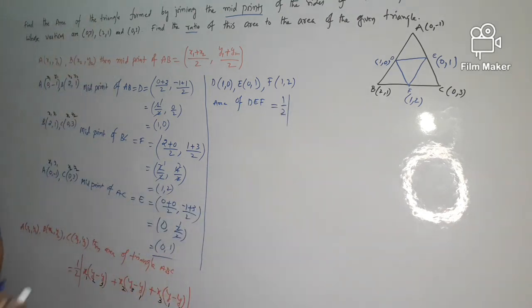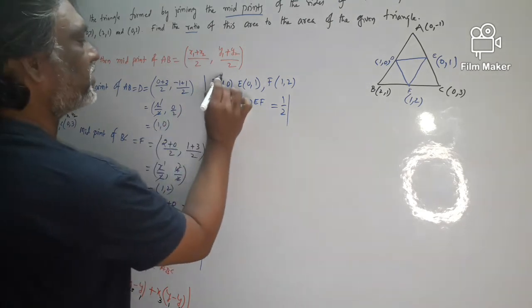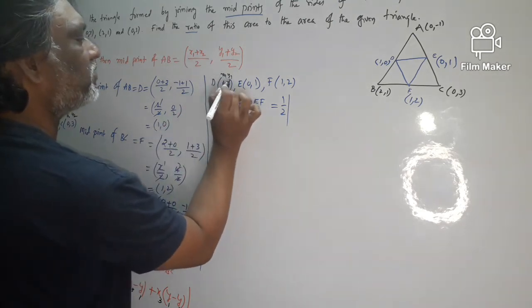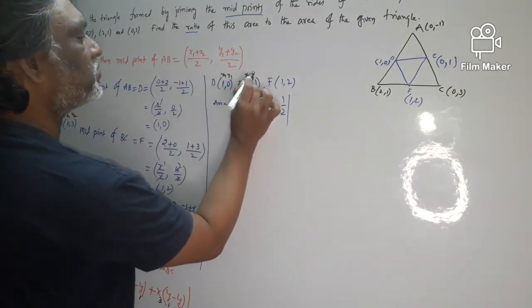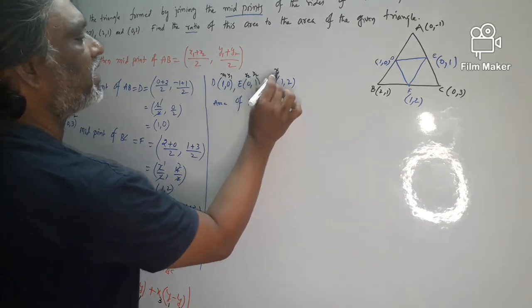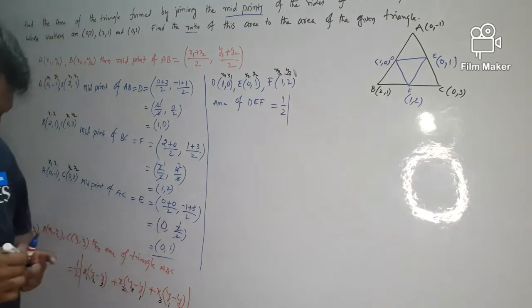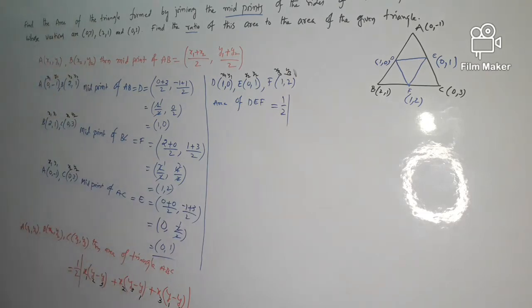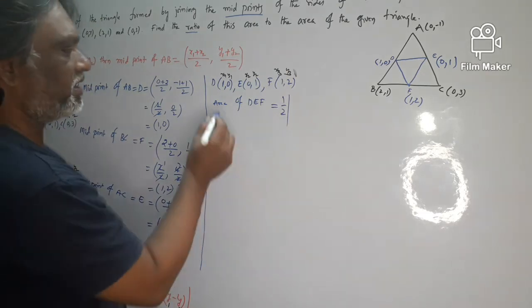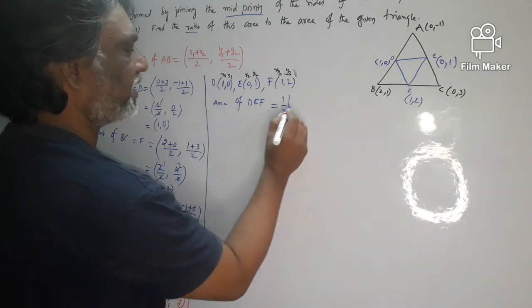Right here, x1, y1, x2, y2, x3, y3. Half mod. x1 is 1.